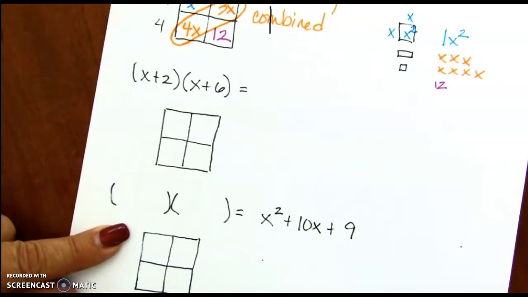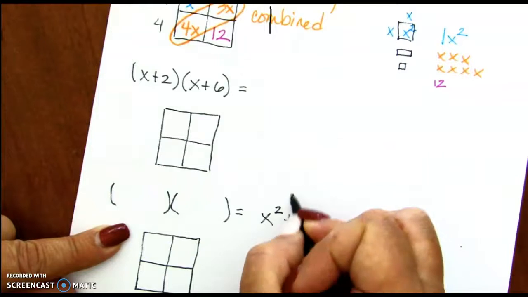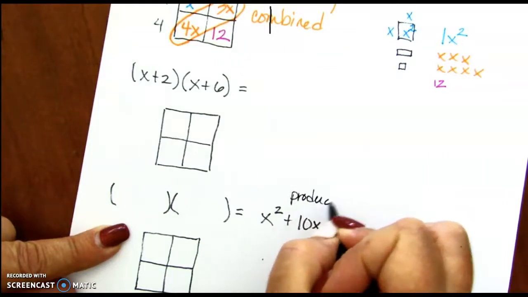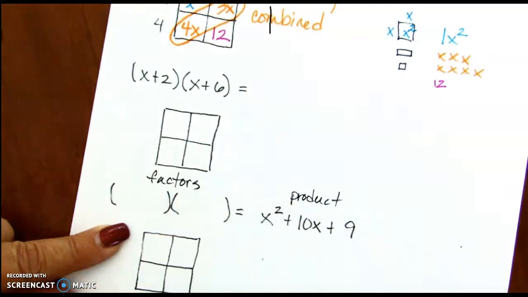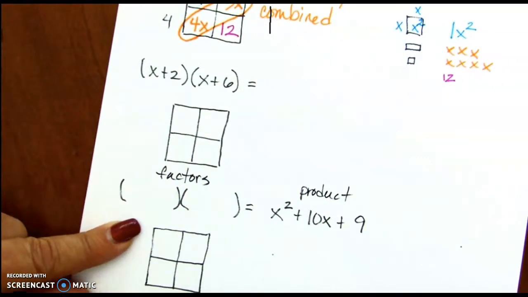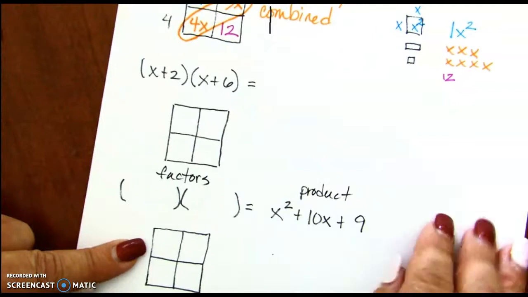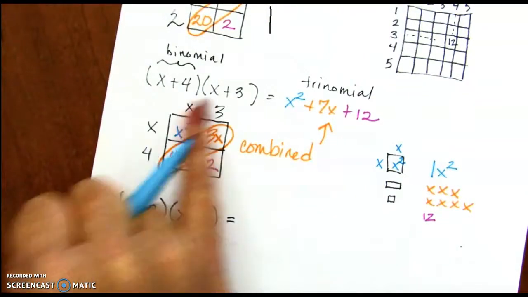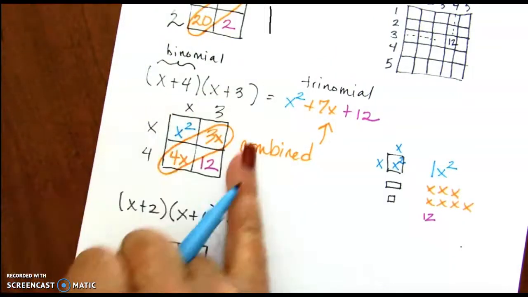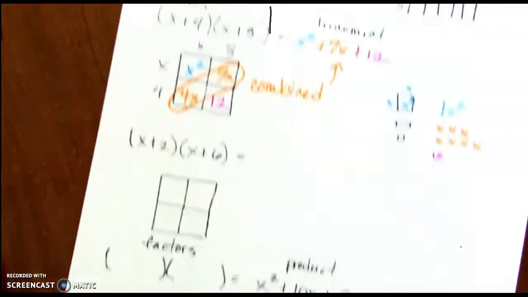So this time I have my trinomial, or my product, and I need to find the factors that make up that product. So just as before, I'm going to use the same thing I did up here. I'm going to fill out my box and then find what makes up the terms inside of this box.